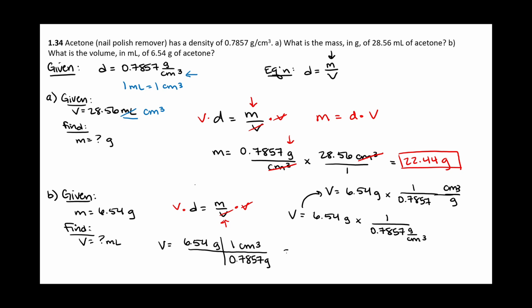So this will also give you the same answer, and then your grams cancel. Density is a fraction. We write it sometimes like this up here, but it's really 0.7857 grams all over 1 centimeter cubed. This is going to come out to 8.32 milliliters.